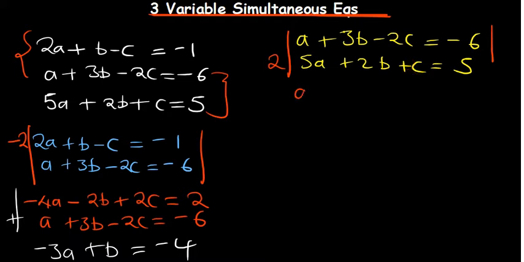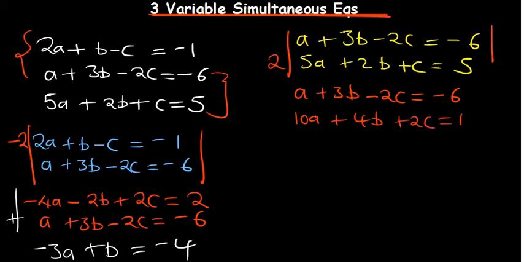So the first one will be maintained, a plus 3b minus 2c is equal to -6. And then we have 10a plus 4b plus 2c is equal to 10, right? We've multiplied the second equation throughout by 2.